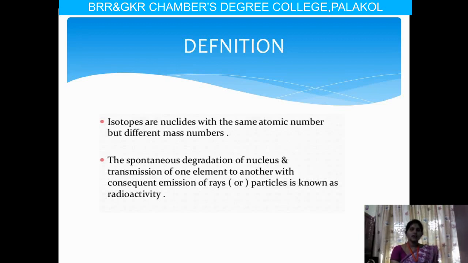So this is the history of the isotopes. The spontaneous disintegration of the nucleus and transmutation of one element into another, with the consequent emission of different rays or particles, is known as radioactivity.